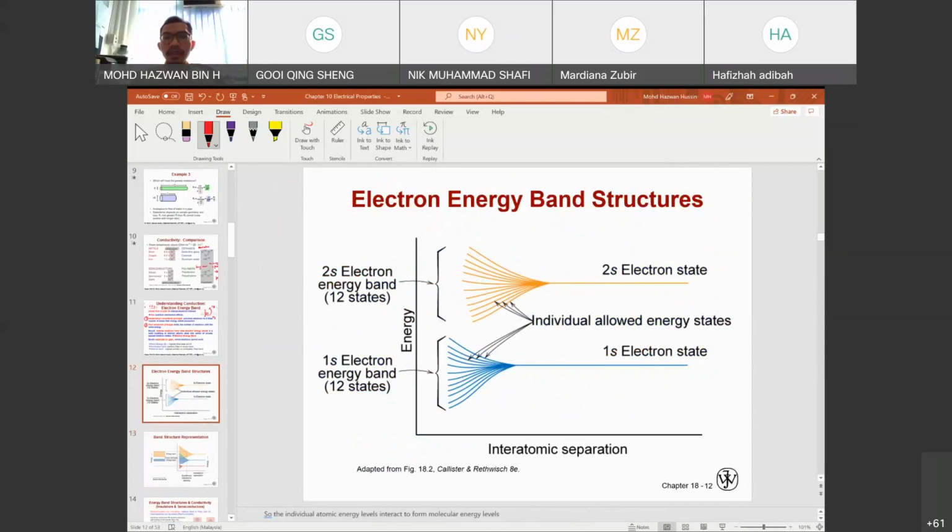So in energy band structures, okay, I think as we know that we have 1s, 2s, 3s, 1p, 2p, 3p. All these actually depend on the period. Okay, and we know that for s orbital, it can actually have 2 electrons maximum. Okay, p orbital has 6 electrons maximum. D orbital has 10 electrons maximum.